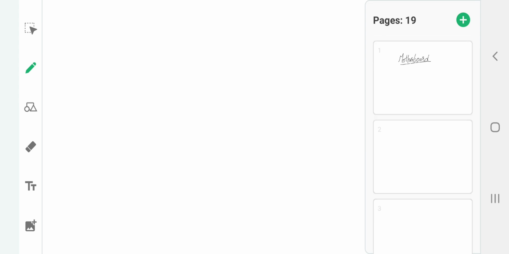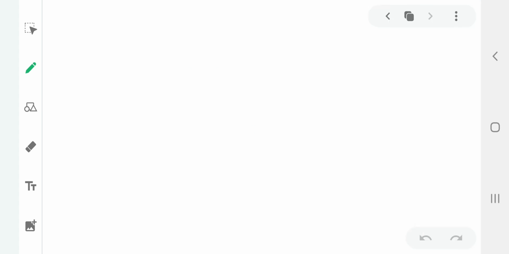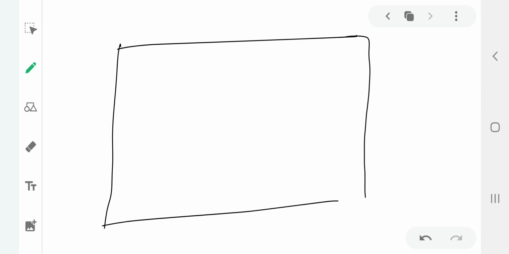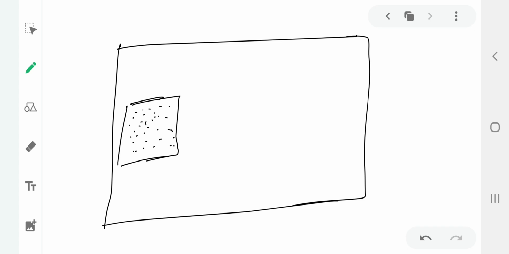So now, when you see a motherboard, just recollect yourself, what do you think would be on a motherboard? So what do you think? Okay, I would say the first thing is the processor slot, on which your processor is going to sit, and once your processor sits on it, we are going to have a heat sink and a fan.